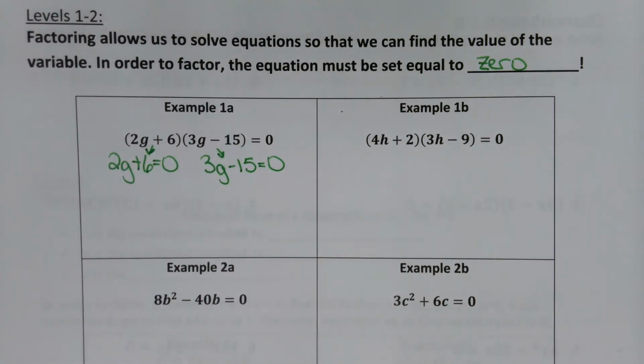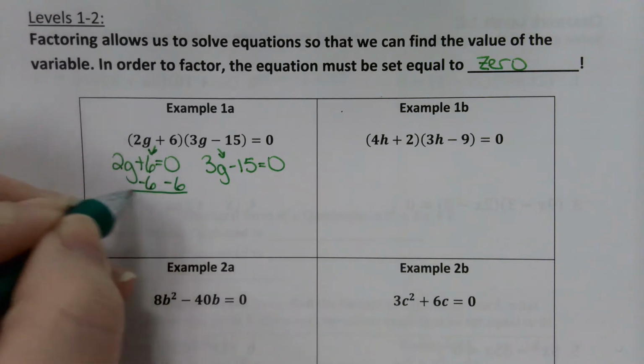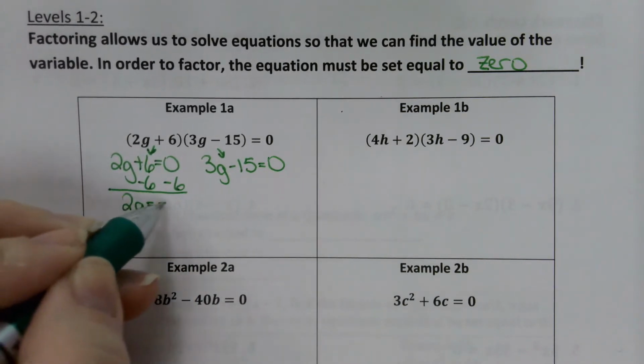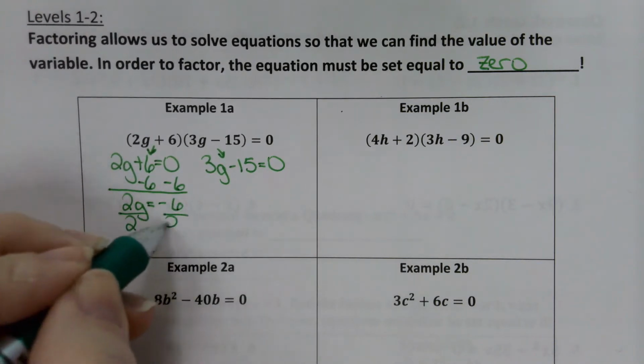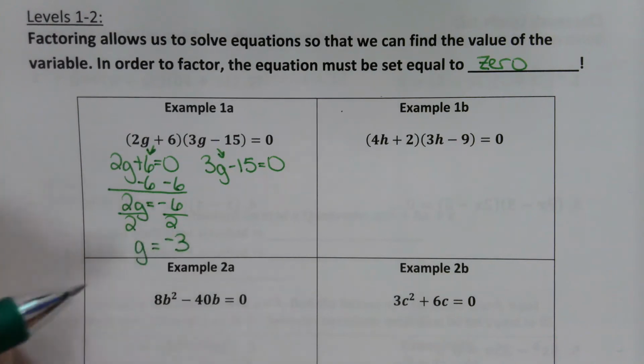Then we have just a two-step equation that we need to solve to find out what g equals. So to do that, we'll subtract 6 from both sides, leaving us with 2g equal to negative 6. And then divide by 2 on both sides, giving us that g equals negative 3.